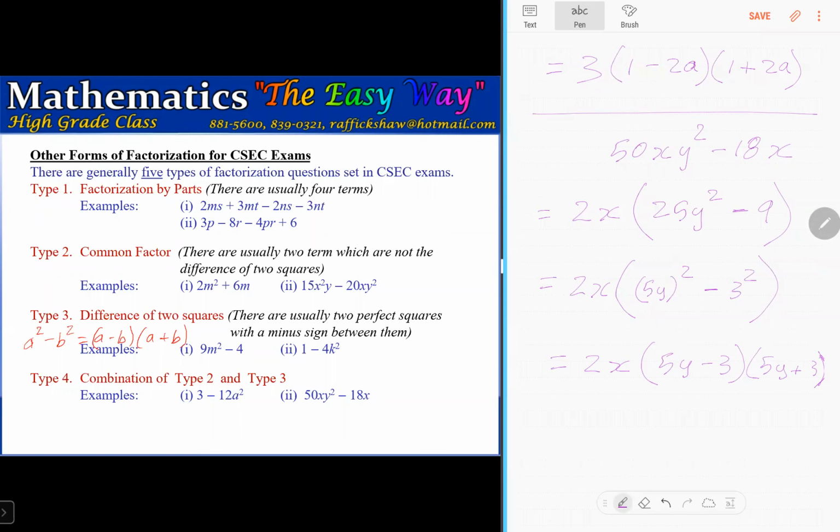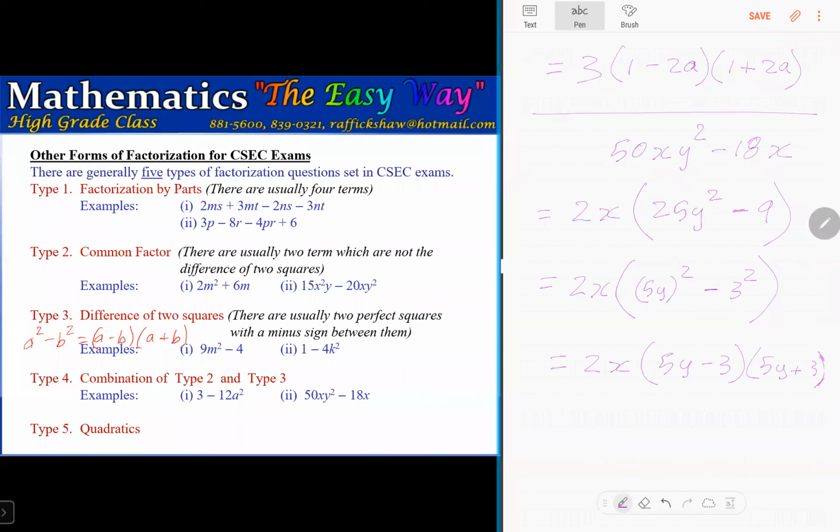Which type is type 5? Anybody can tell me? Quadratics, the quadratics that we just did a while ago, where we have to split the middle term. Type 5 is the quadratics. All right, so those are your types.